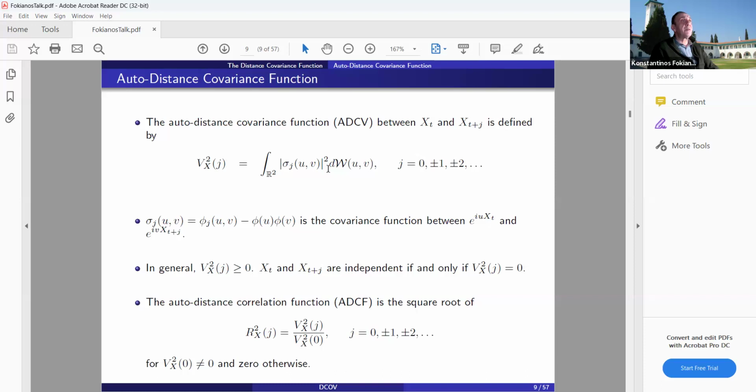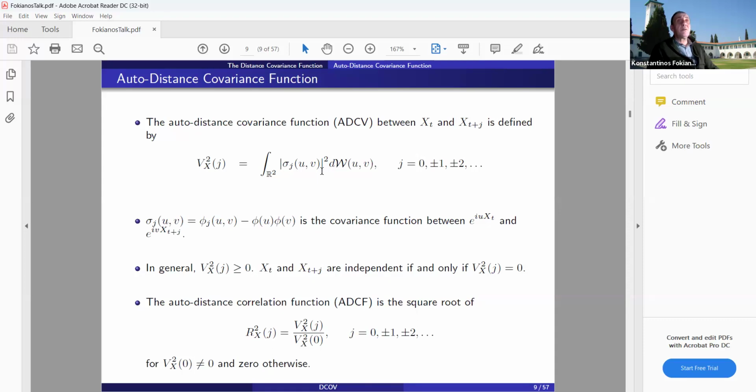So this will depend on j, and then I can choose the weight function W I want. We will choose, of course, the Székely and Rizzo W. In general, this is positive, and xt and xt plus j are independent if and only if this quantity is zero.